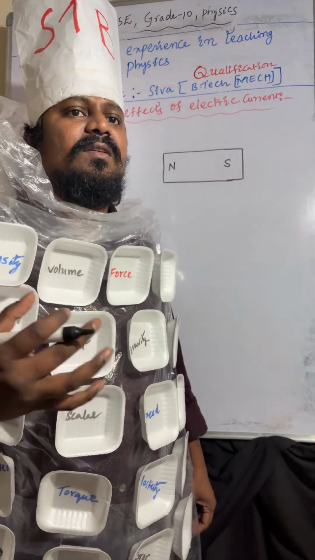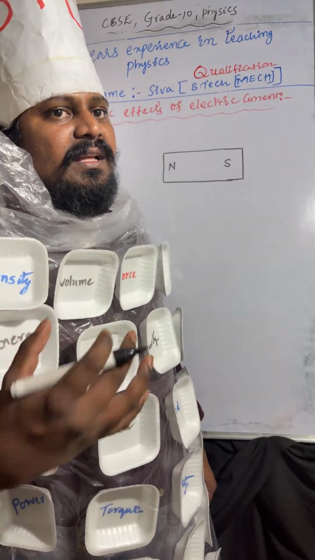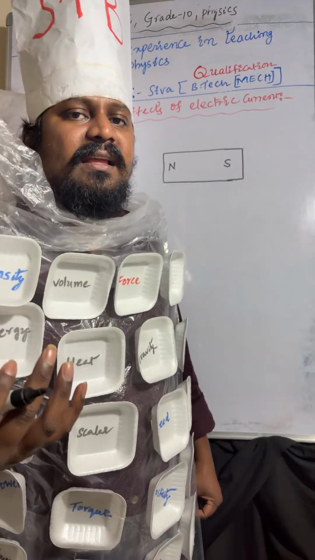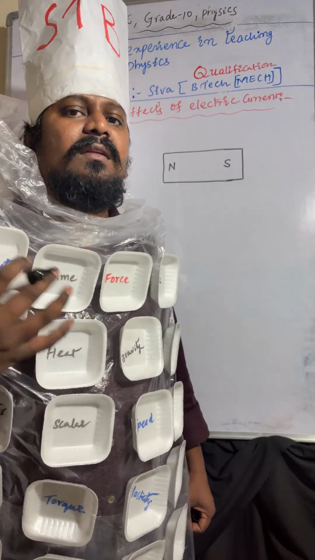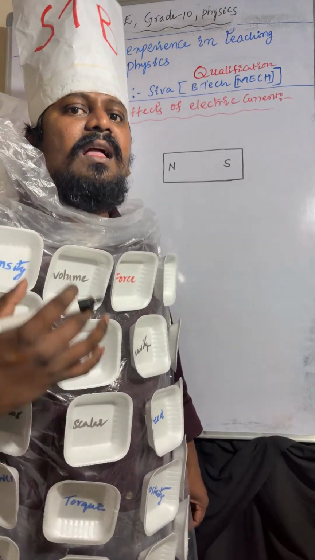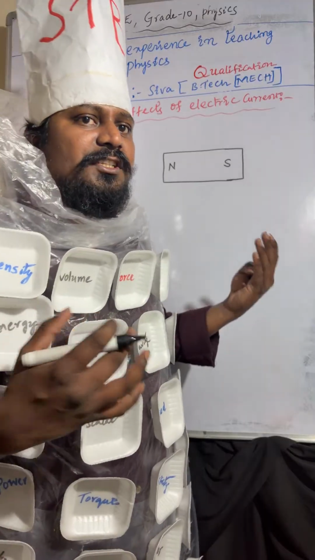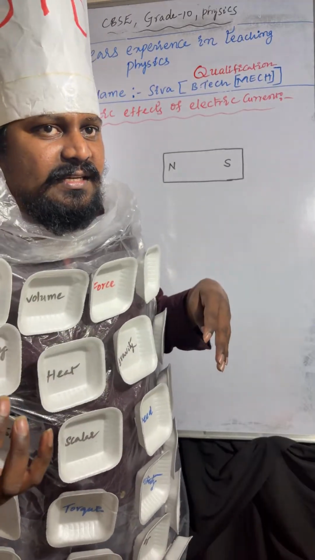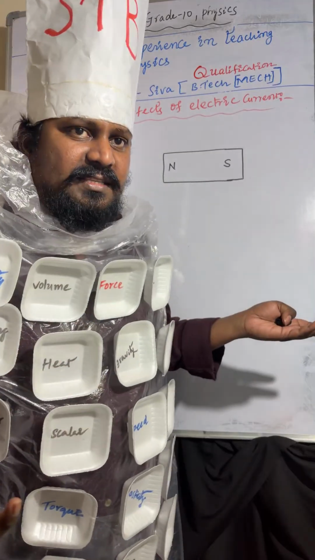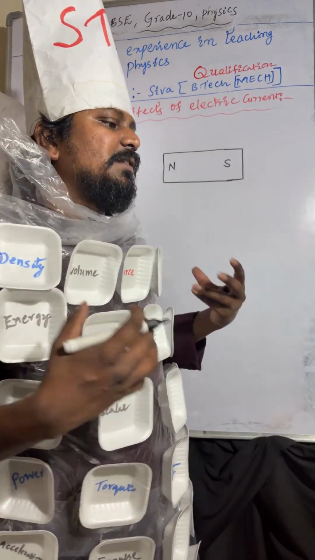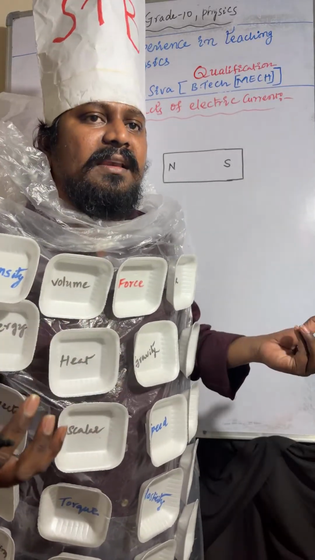The region around the magnet in which magnetic force is exerted is called the magnetic field. The magnet experiences force on magnetic materials in that region, and that is called the magnetic field.